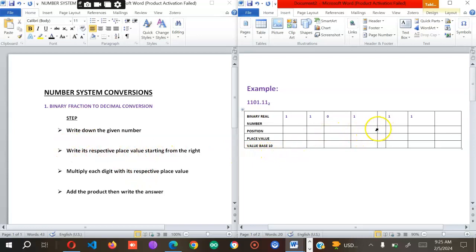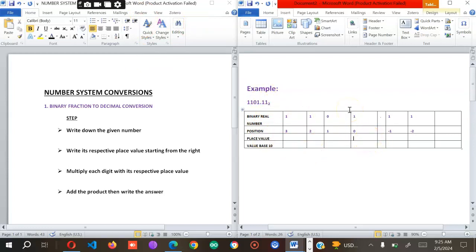So from the point we have 0, 1, 2, 3, while on the other side it is supposed to be negative 1, negative 2. Okay, having done that, let's try to get the place value. This is supposed to be base 2.